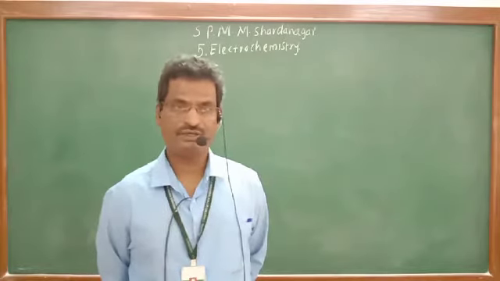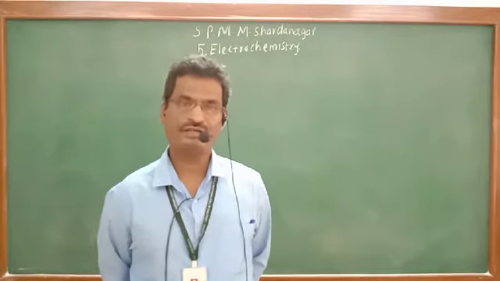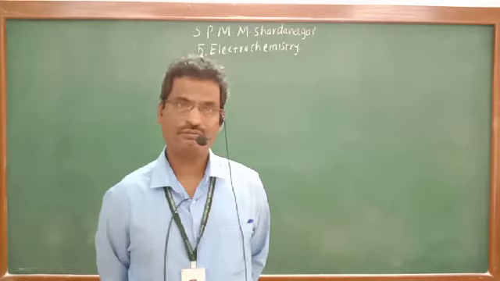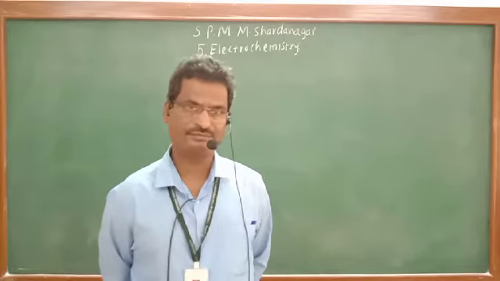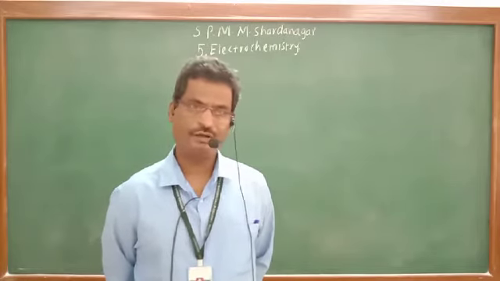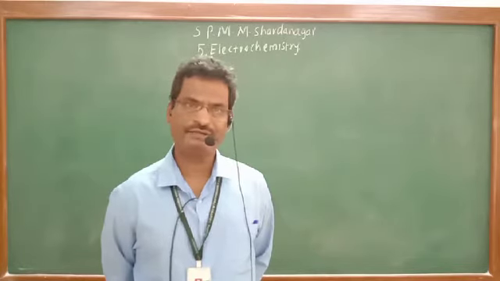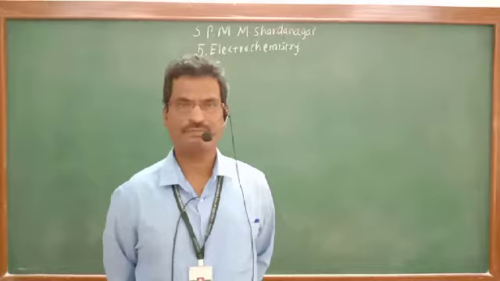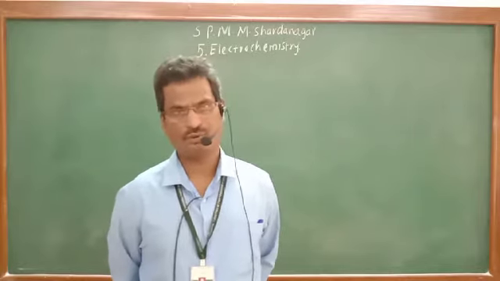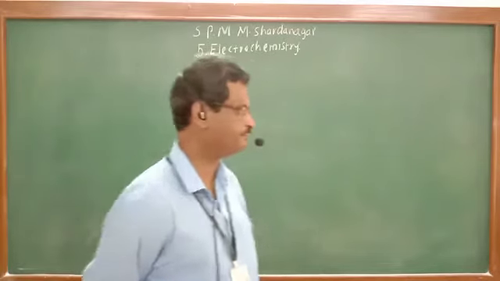Metallic sodium is deposited on the surface of the cathode by the process of reduction, and pale yellow colored chlorine gas is evolved at the surface of the anode by the process of oxidation.